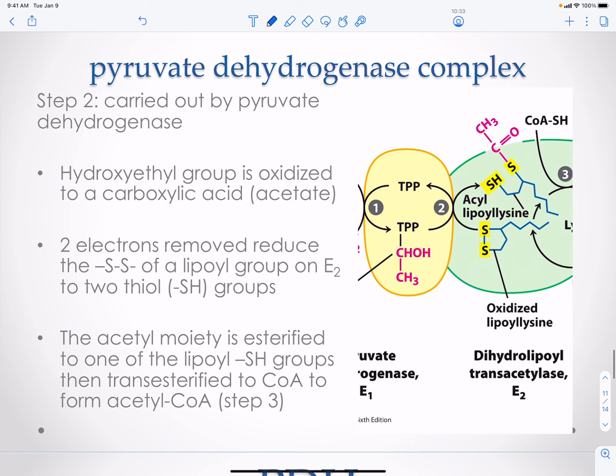Now step 2 is also carried out by the pyruvate dehydrogenase, and your electrons are going to be reduced on the sulfur groups of your oxidized lipoyllysine, and you're going to get the reduction on that sulfur group. So one of them is going to take the hydrogen, the other is going to take the 2 carbons that were donated from pyruvate.